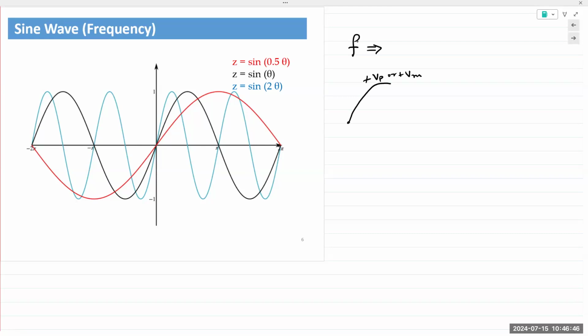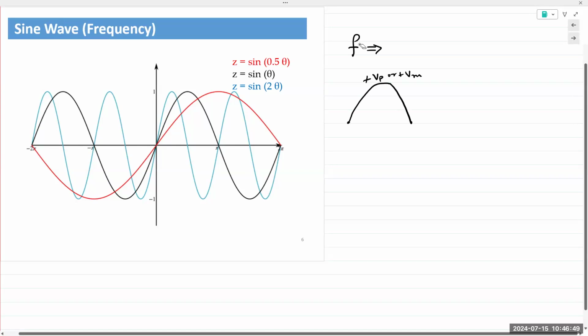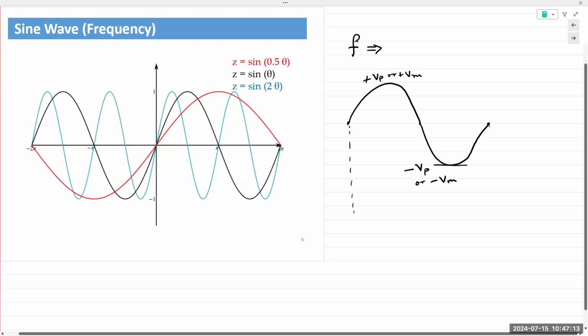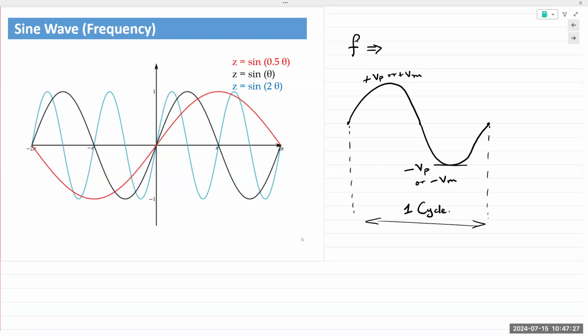It goes back to 0, goes negative, which is minus Vp or minus Vm, and then comes back up to 0. This is referred to as one cycle.